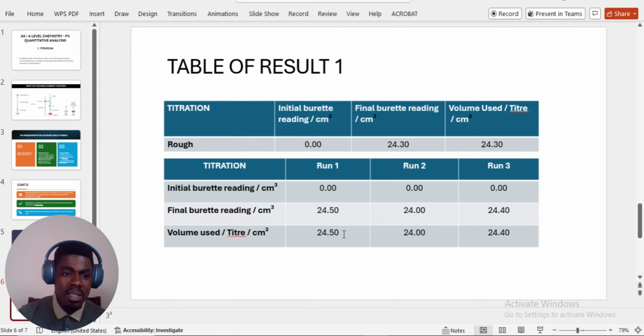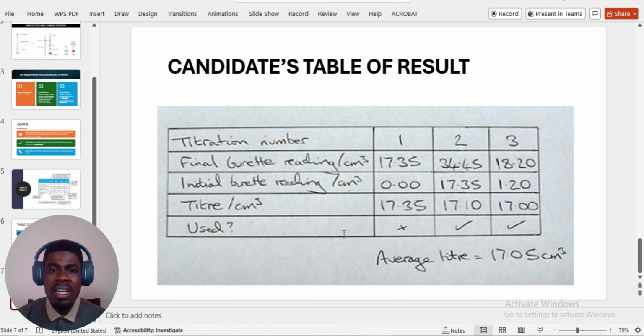You use them to perform the experiment. This is another candidate's table of results. There is nothing wrong with this result. This student is going to get solid full points. You can see clearly showing the concordance, taking two values, indicating that experiments 2 and 3 are concordant, whereas experiment 1 is not concordant with 2 and 3.